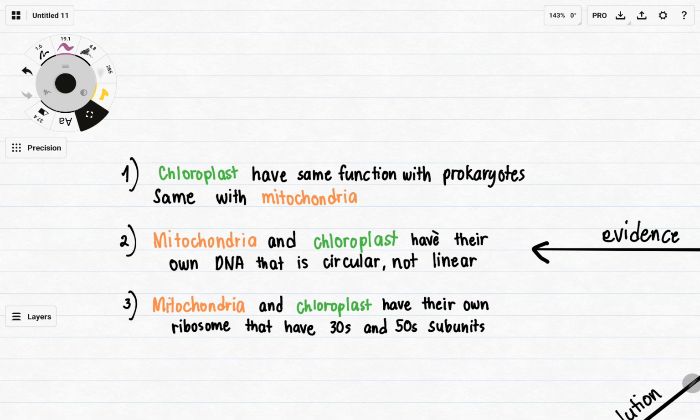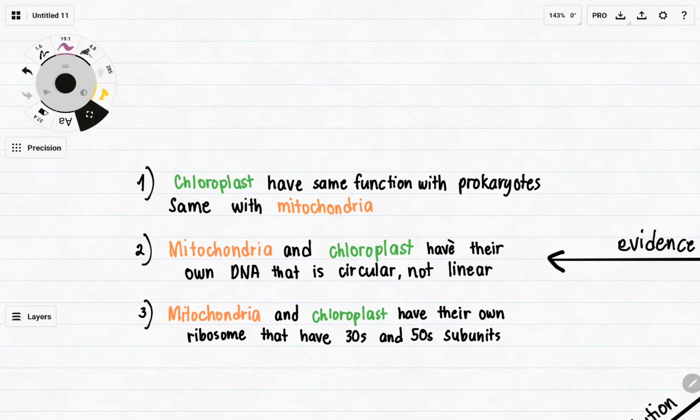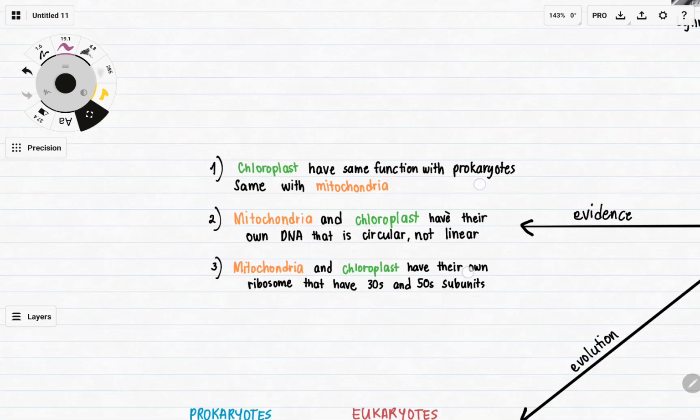For number two, mitochondria and chloroplasts have their own DNA that is circular, not linear. And third, mitochondria and chloroplasts have their own ribosomes that have 30S and 50S subunits.